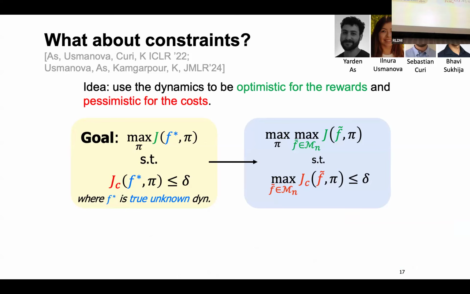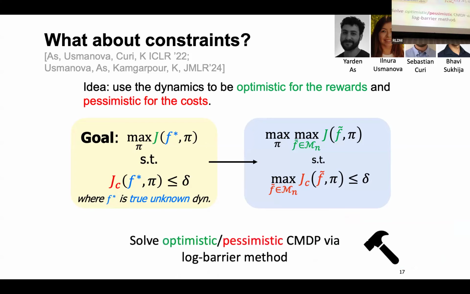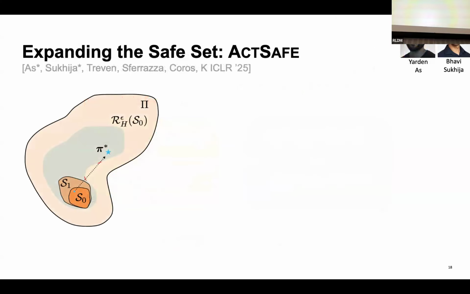That's a natural first step here. And now again, you have this difficult complex constraint, but using the techniques that I've described, one can turn this into a standard CMDP formulation that one can actually practically solve.